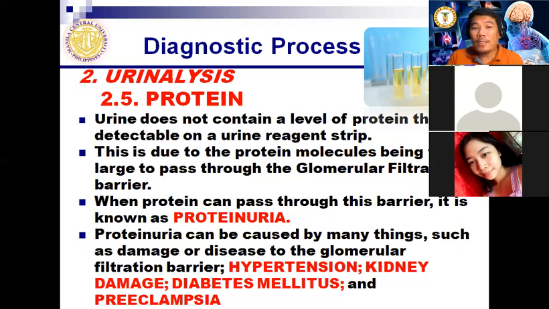When the protein passes through the barrier and is detected in the urinalysis, that's what you call proteinuria. The indications of having proteinuria are conditions such as clients may have hypertension, kidney damage, diabetes mellitus, or preeclampsia.